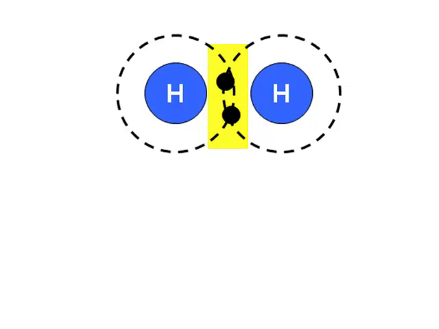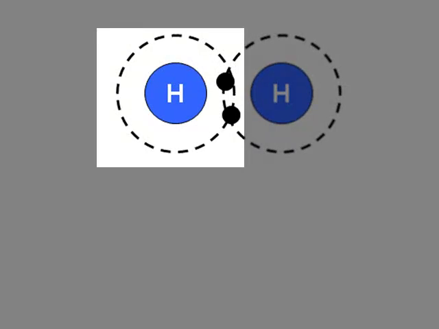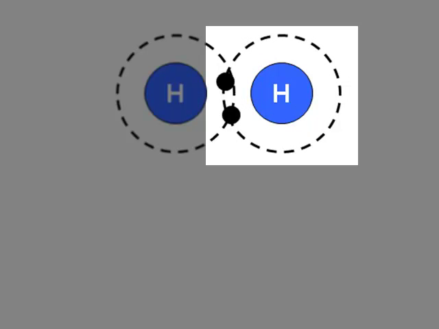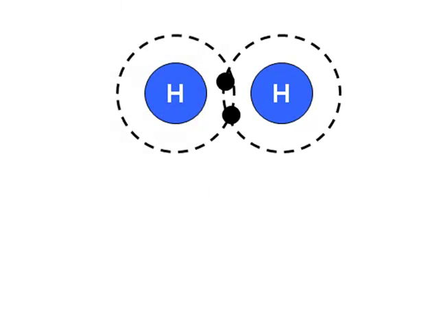It doesn't absolutely have or own each of those electrons, but it has access to both of them. So the hydrogen on the left has two electrons that are moving close to its nucleus, so it is now stable. The hydrogen on the right also has two electrons moving close to its nucleus, so it's more stable than the neutral hydrogen atom. This is a perfect example of a covalent bond.